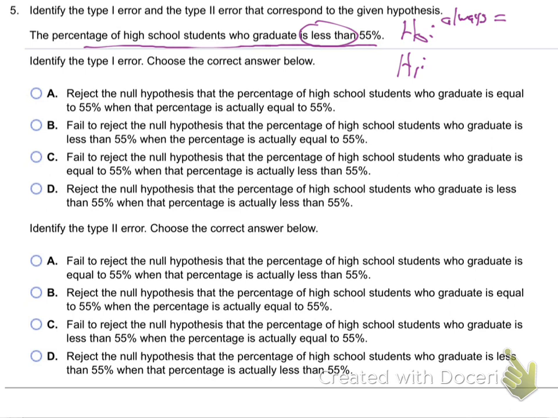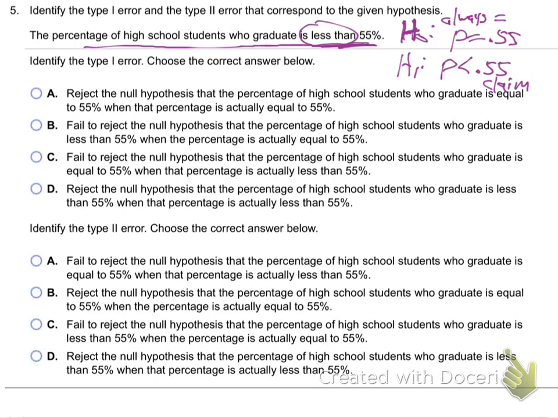So then the less than must be down here. The claim, less than 0.55, is the alternative hypothesis.